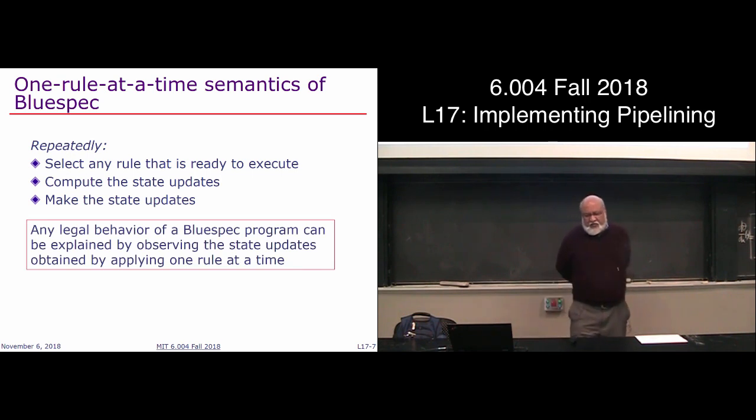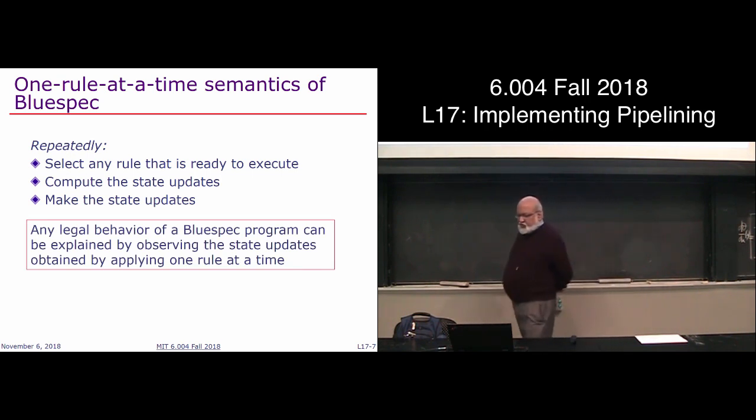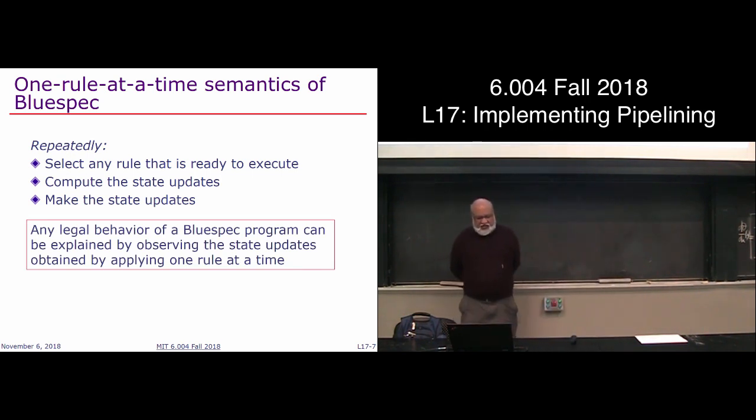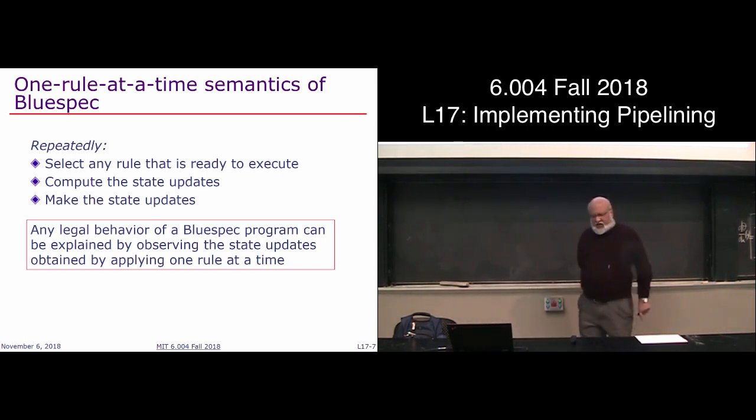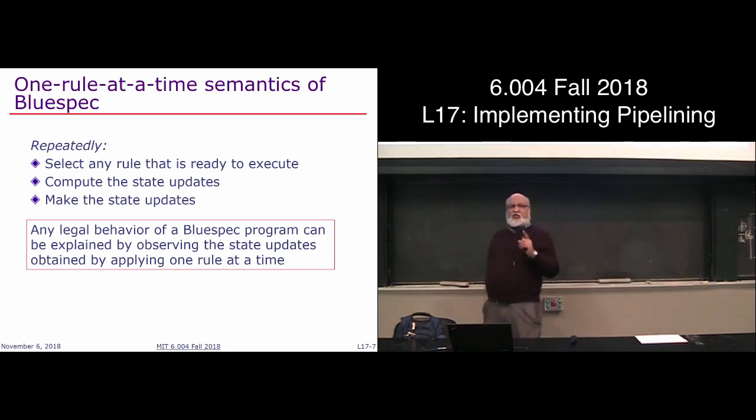So this property: any legal behavior of a Bluespec program can be explained by observing the state updates obtained by applying one rule at a time. Concurrent execution just means that you took a jump. Instead of going from here to this state to that state, you're directly going to that state. So instead of taking two steps, you may do it in one, because of concurrent execution. So this is called the one rule at a time semantics, or linearizability property of systems.